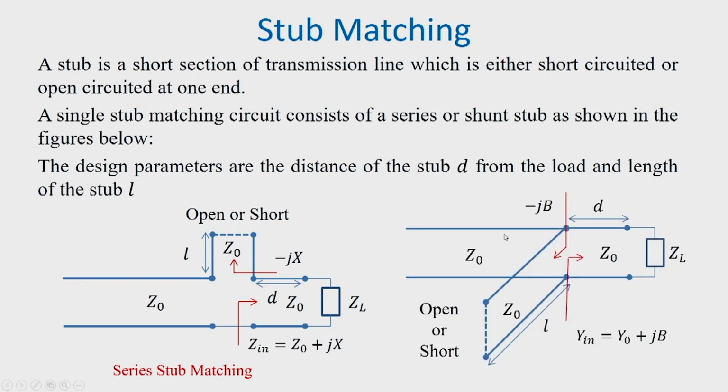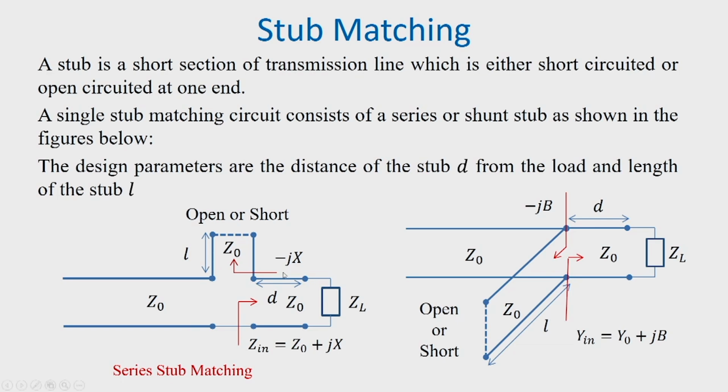In another design, we can find the input admittance in such a way that Y in becomes equal to Y naught plus jB, and then add a shunt stub, open or short circuit, to cancel out this remaining jB, and therefore match this to the line of characteristic impedance Z naught.